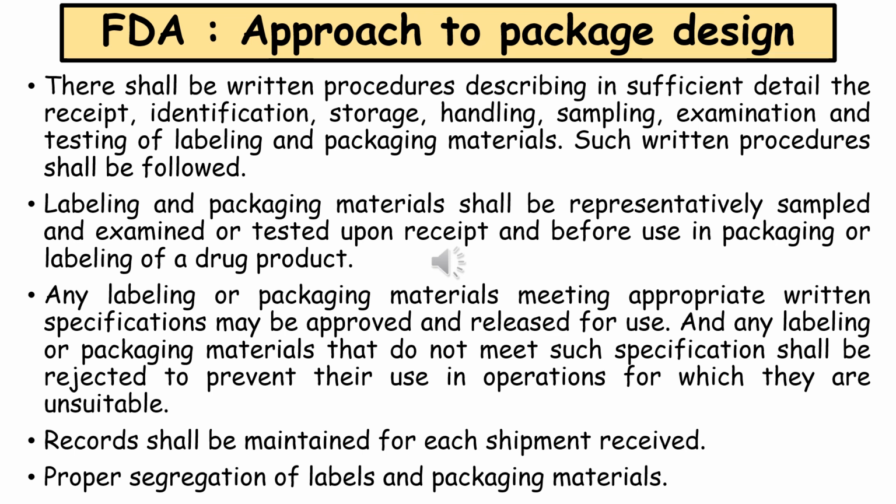But if the results are not complying with the specifications, then that packaging material will be rejected and disapproved. So all the parameters should be checked, all the parameters should be as per the written protocols, and all the testing should be within the specifications. Then only the shipment will be approved and released for further use.